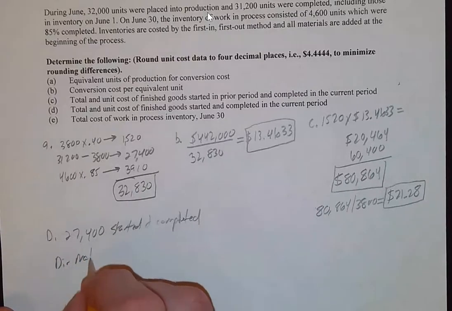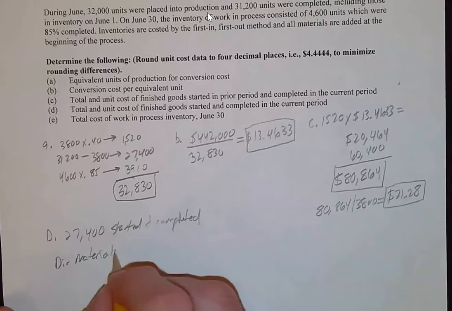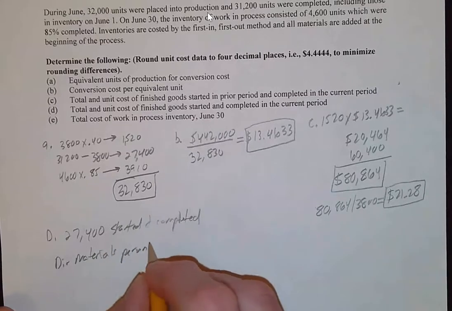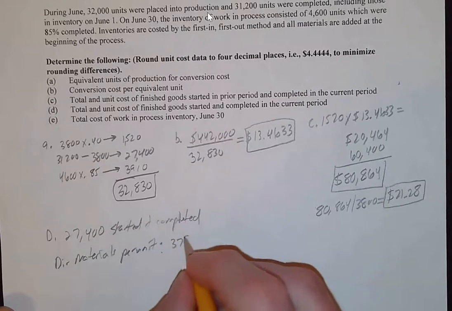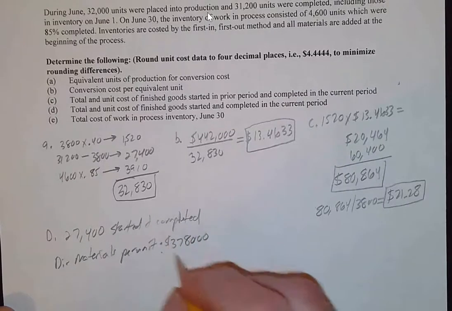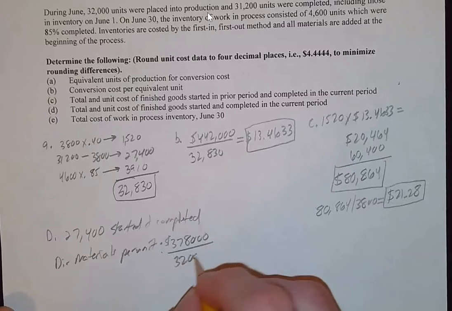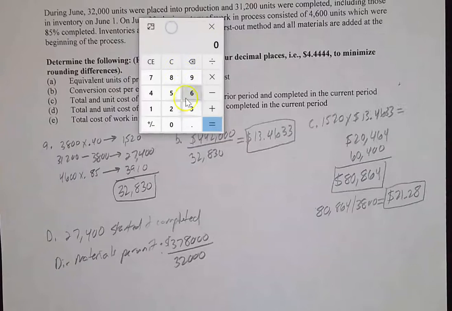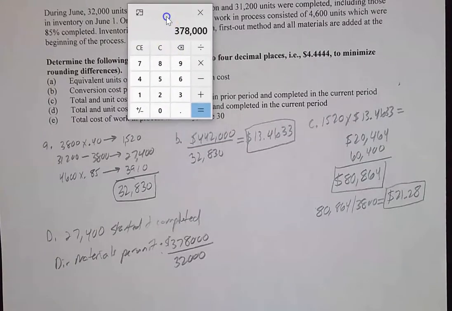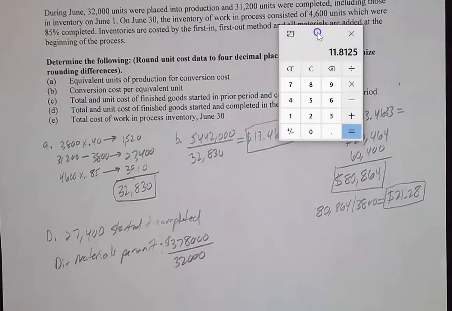Direct materials per unit is going to be $378,000 over 32,000 units. Let's just get our calculator back over here. 378,000 divided by 32,000 units equals that figure.